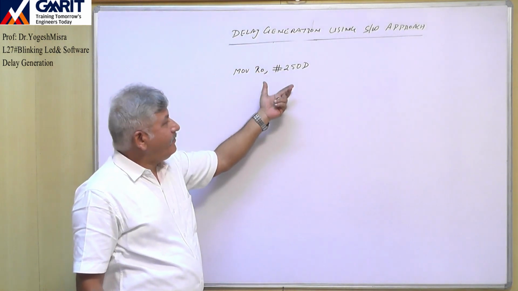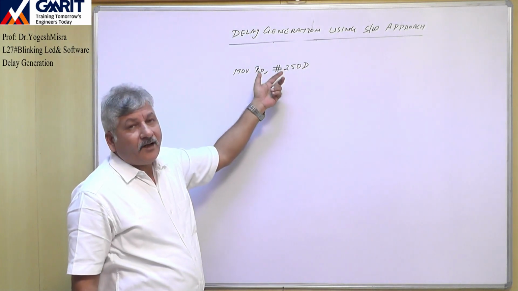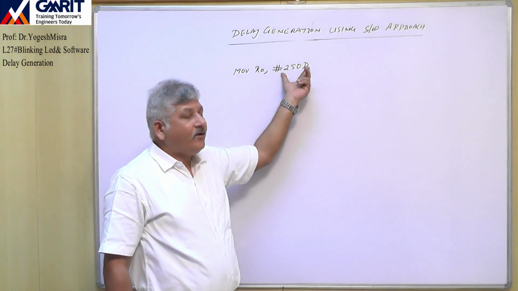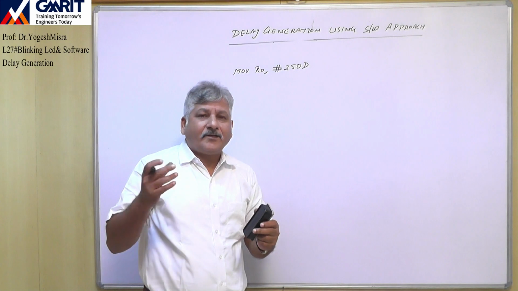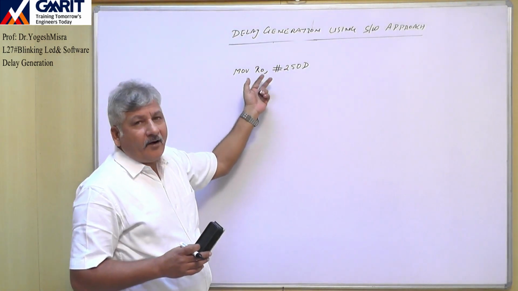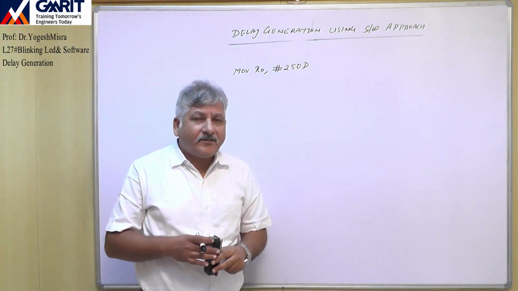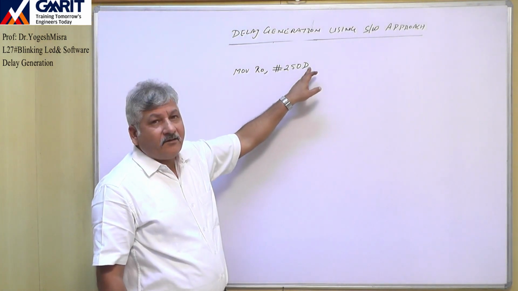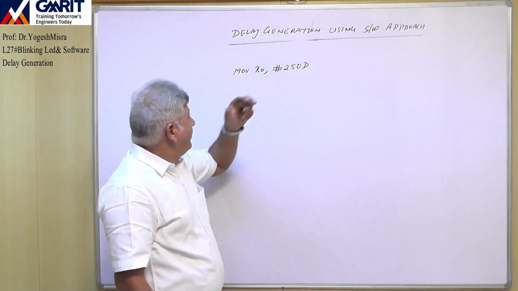When we assemble this instruction, our assembler will convert this 250 decimal number into its equivalent hexadecimal number, and that hexadecimal number will actually be loaded into R0. But for the ease of the programmer, the software lets us write the decimal number directly without converting it to hexadecimal.